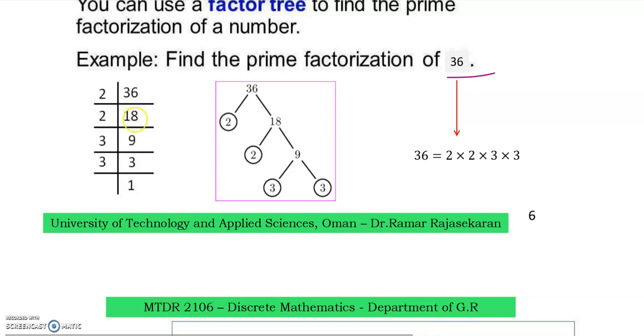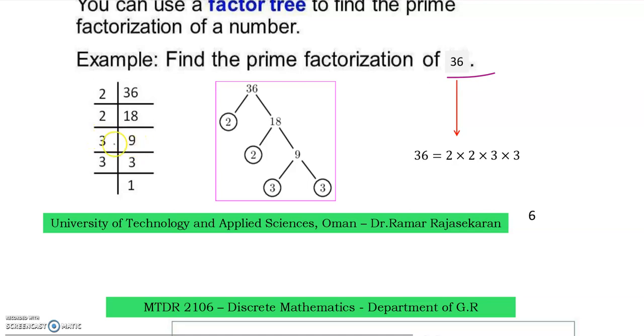Yes, 2 divides 18. I can write 2 here as a factor because 2 divides 18 nine times. So 2 multiplied by 9 is 18. But here, for the number 9, I cannot try 2 because 2 will not divide 9 exactly.